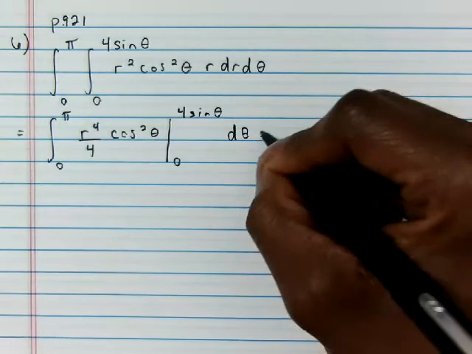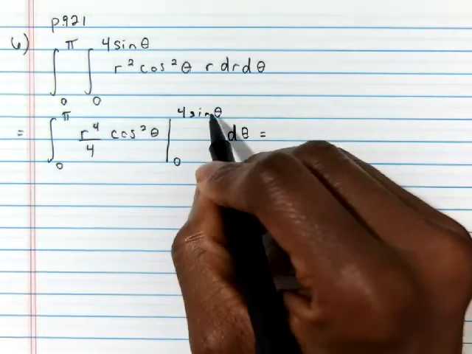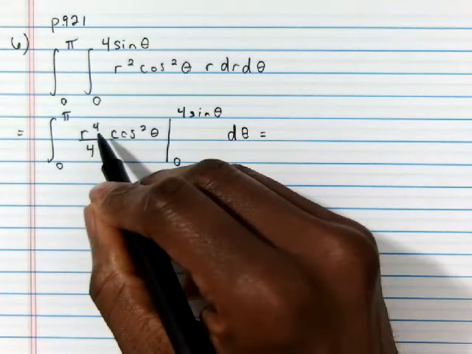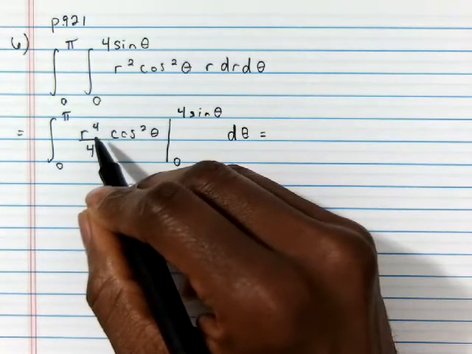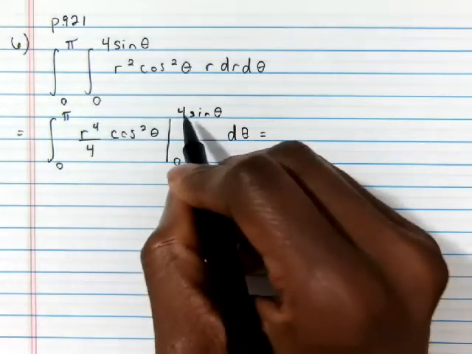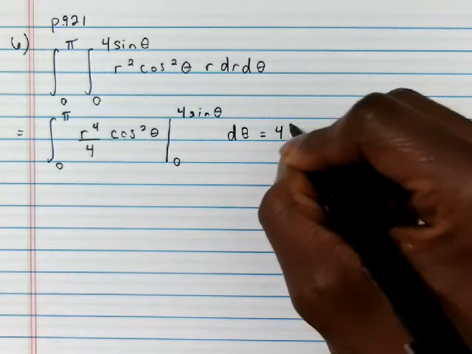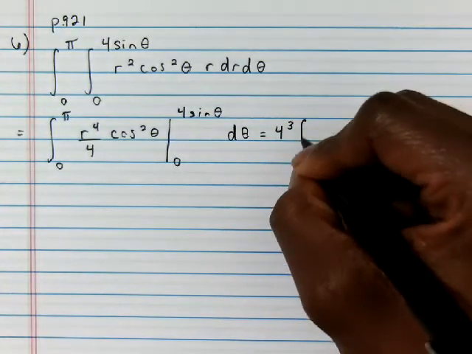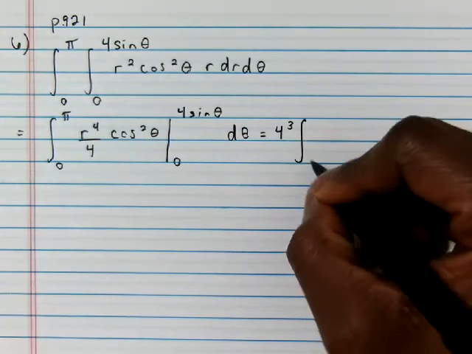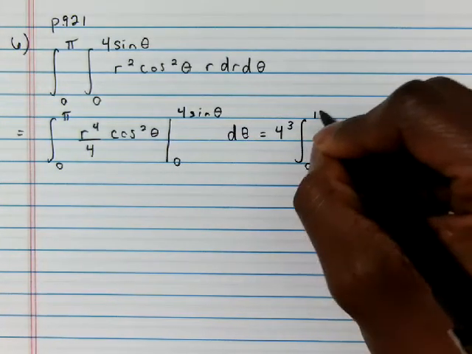Now when we put this in for r, we end up with 4 to the 4th over 4, which is 4 cubed. I'm going to just put that on the outside, and then the integral from 0 to pi.